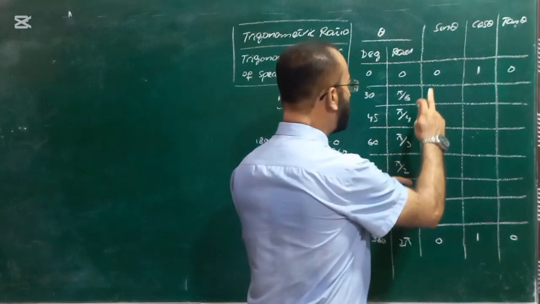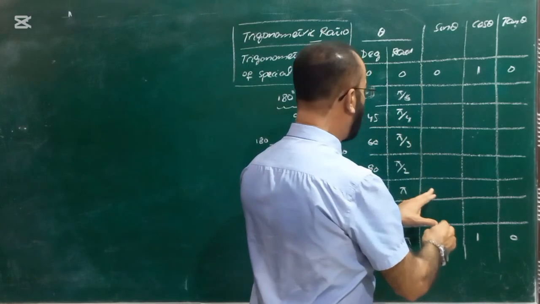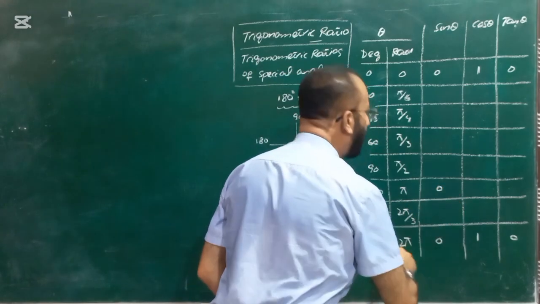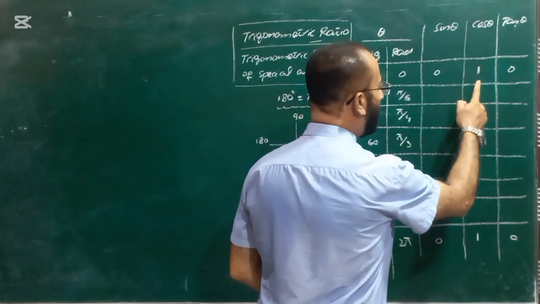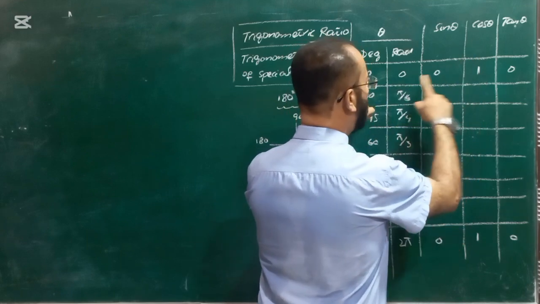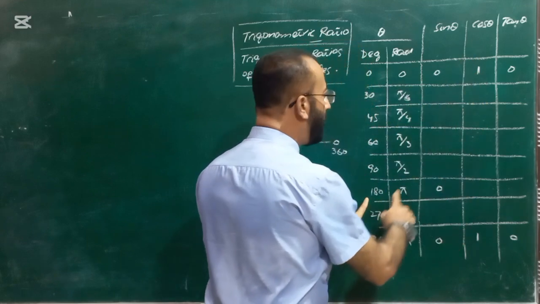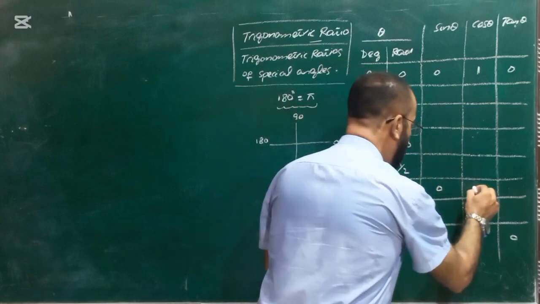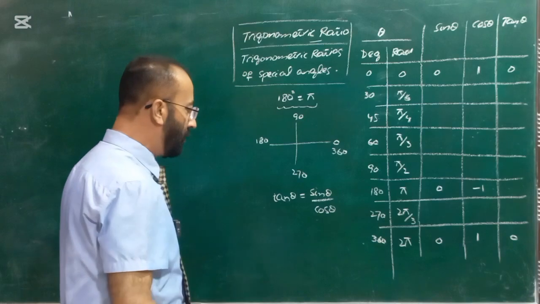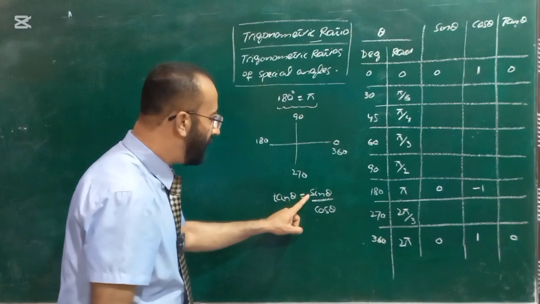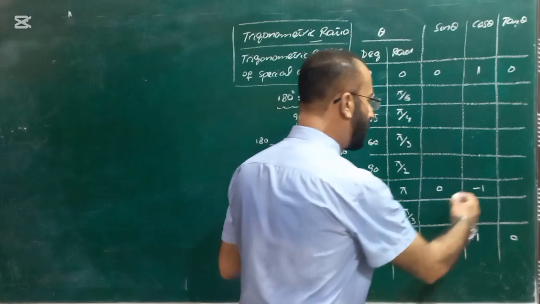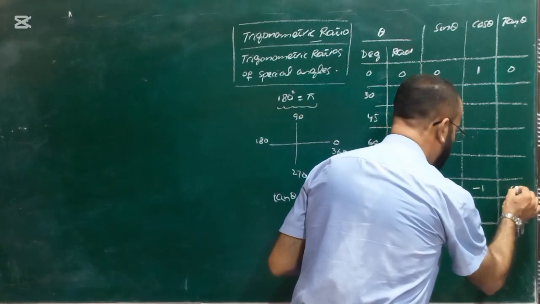So sine is again 0 on 180 degree, but cos 0 was 1, but at 180 degree cos 180 will be minus 1. So if sine theta is 0 and cos theta is minus 1, tan is again 0.